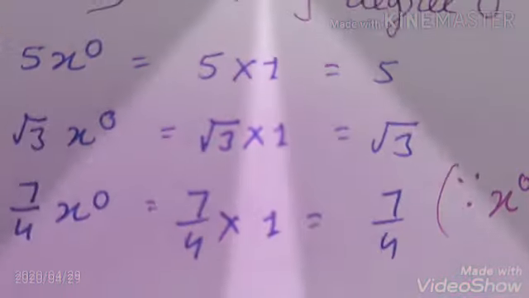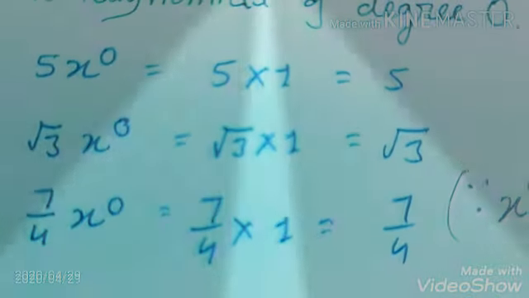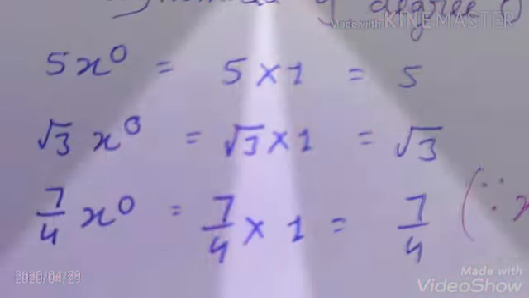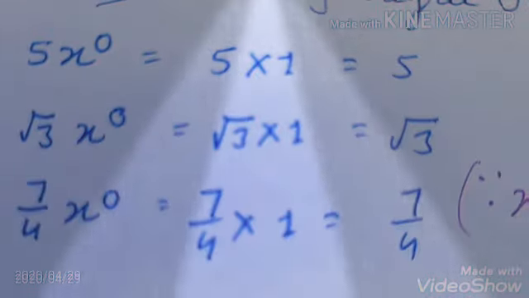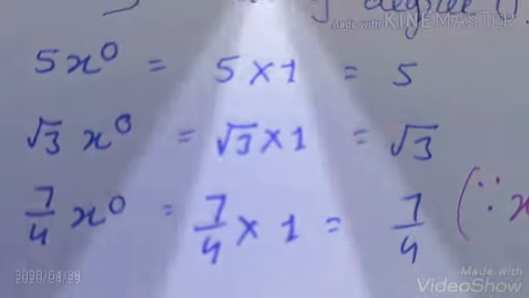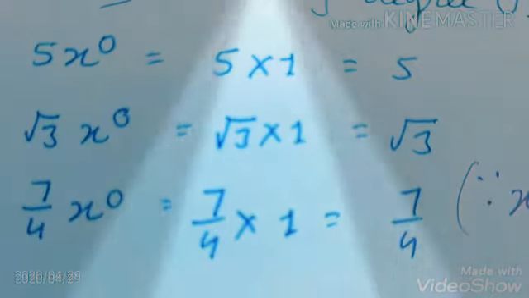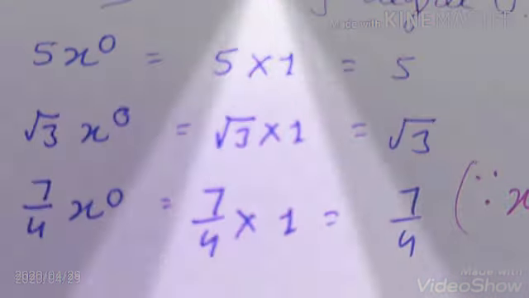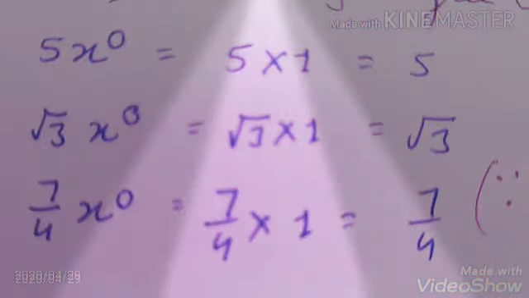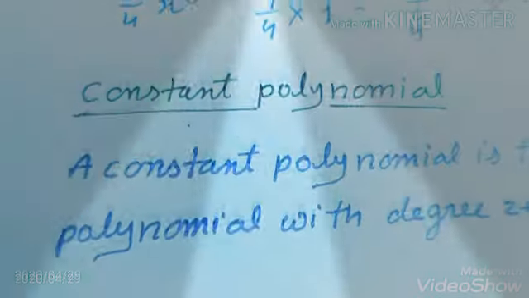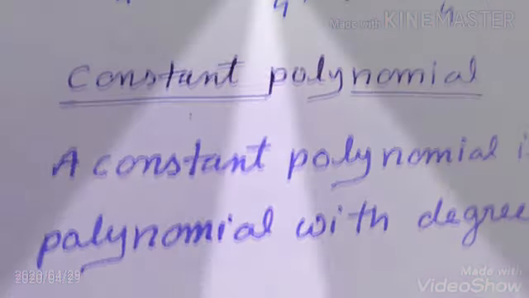That's why every real number is a constant polynomial. Such kind of polynomials are called constant polynomials, because you know that every number has a constant value. That's why such kind of polynomials are known as constant polynomials. So we have got a new term, constant polynomial.